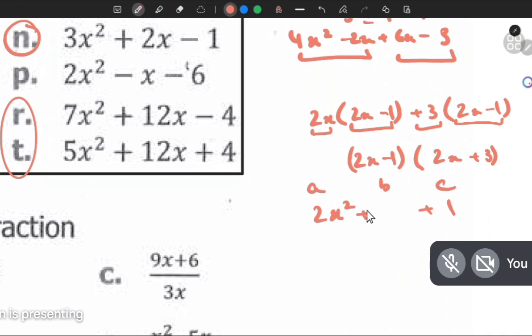So we can write this as 1x plus 2x, right? Or we can write this as 2x plus 1x. Acha. So if we make this as such 2x multiplied by x, can we do that?